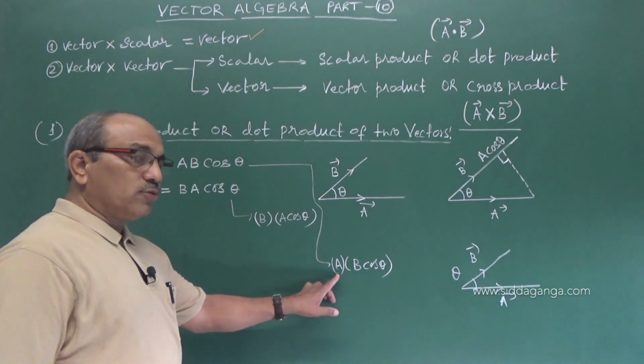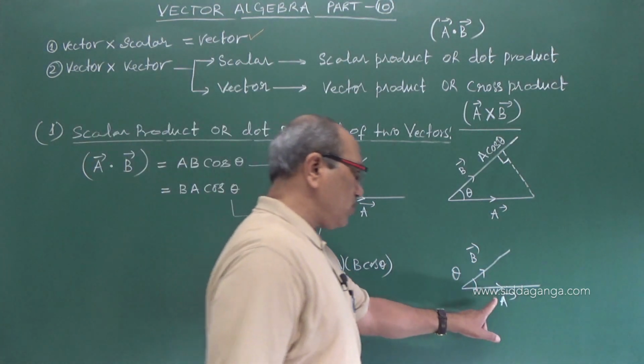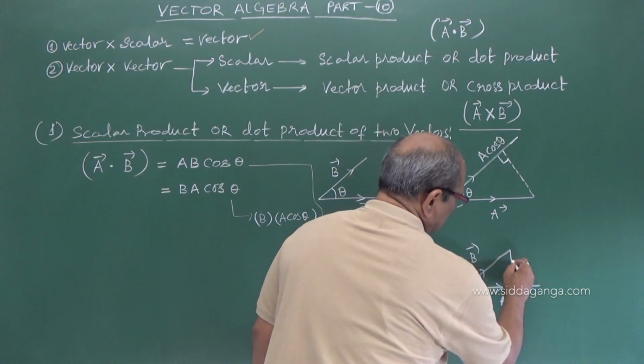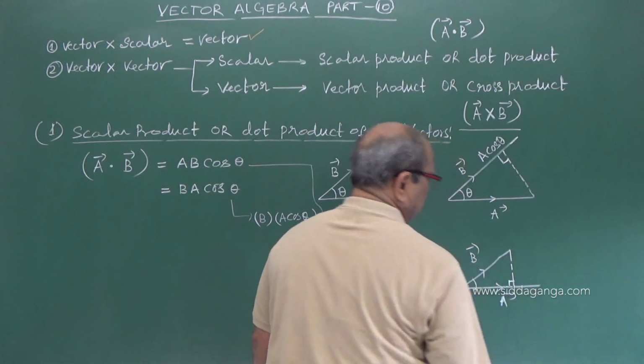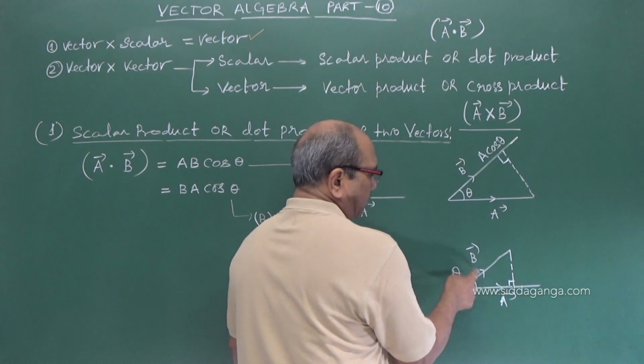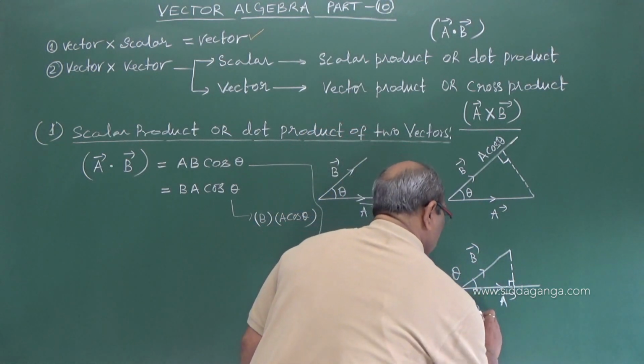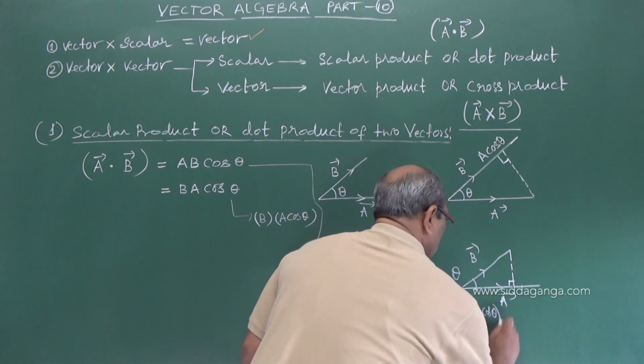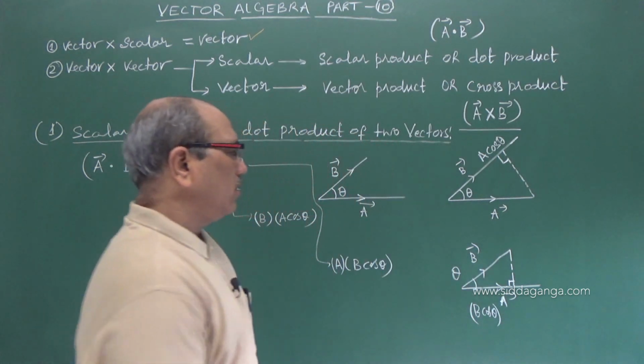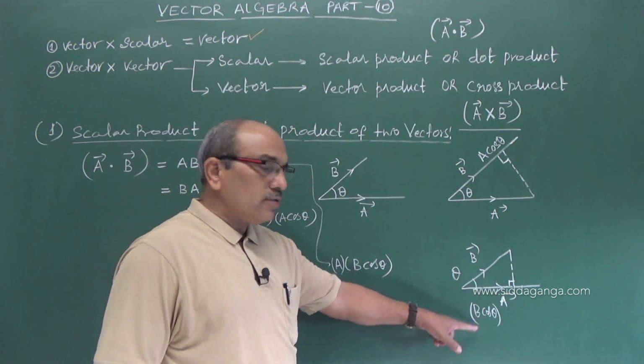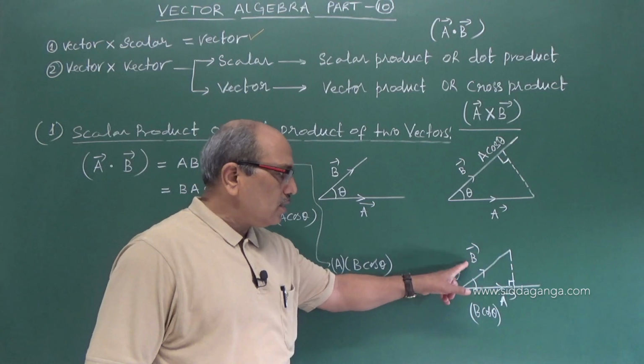It is the magnitude of A. Now drop the perpendicular to this, adjacent side by hypotenuse. Again you will get here B cos theta. What you got here is the component of B along A.